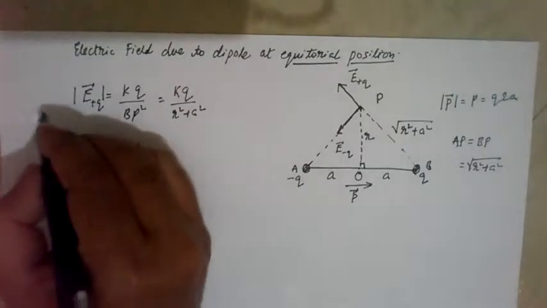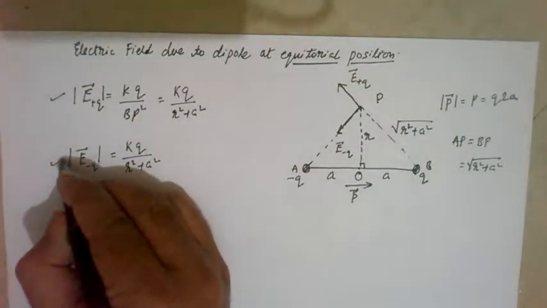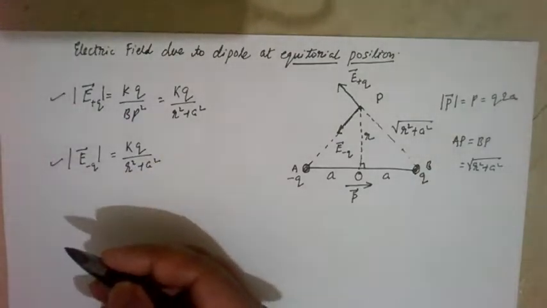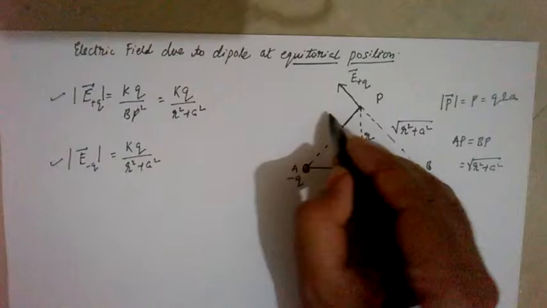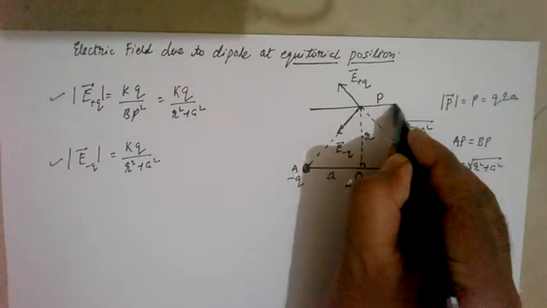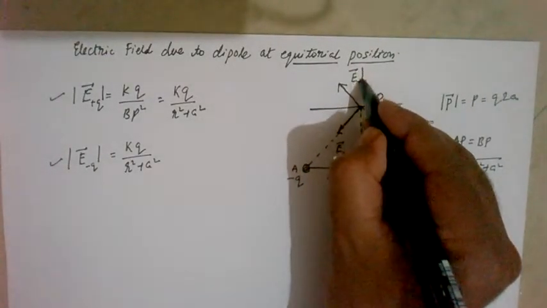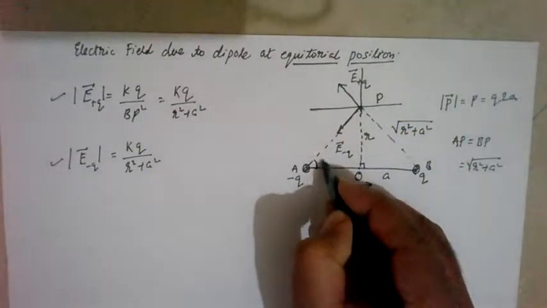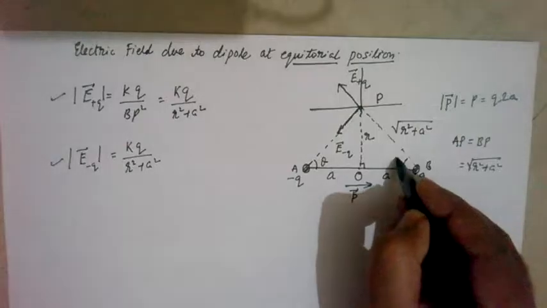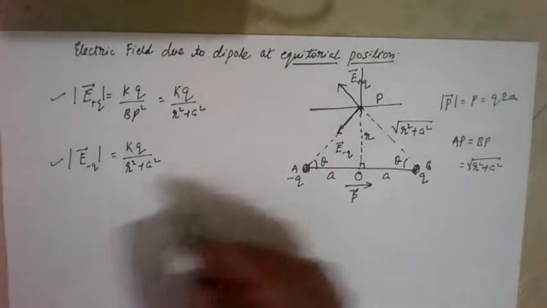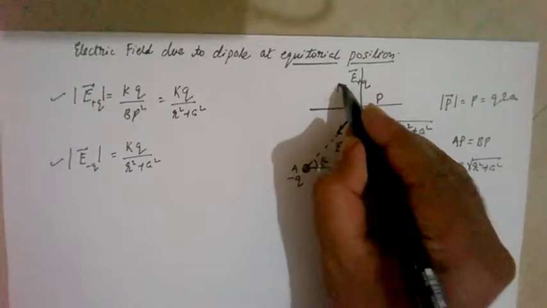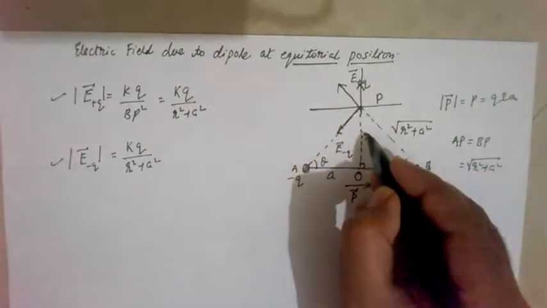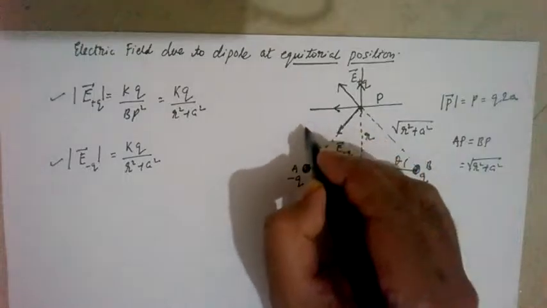Now we can see that both electric fields have equal magnitude, but I have to find the resultant. In order to find the resultant, I will draw this one axis and this another axis. Suppose this angle is theta, and this angle will symmetrically be theta. The electric field due to the positive charge will have two components, one in the upward direction and one in this direction.